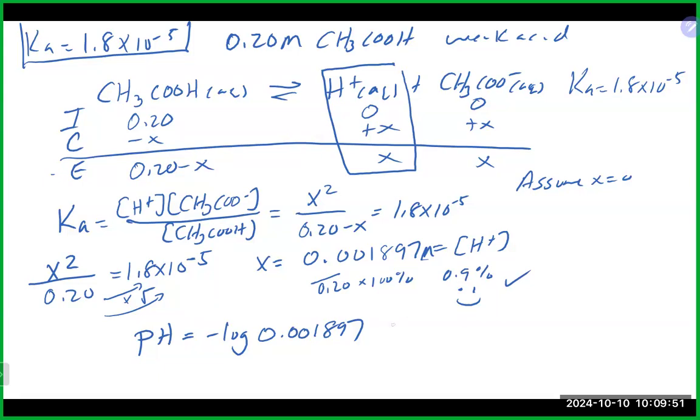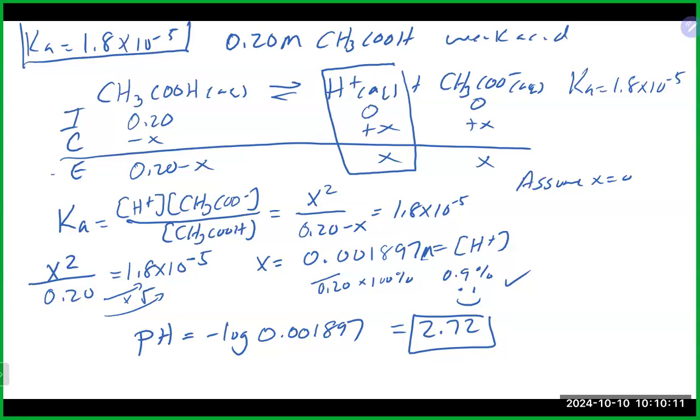And that looks like we're going to open up here with a 2.72 in our pH here of our weak acid. Any questions on that calculation there? So that is, again, pretty much a straightforward weak acid Ka type problem like we did previously here.